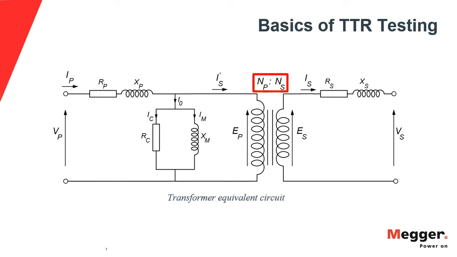Per definition, we're trying to measure the relationship between those two numbers, which are the number of physical turns I have on each of my windings.